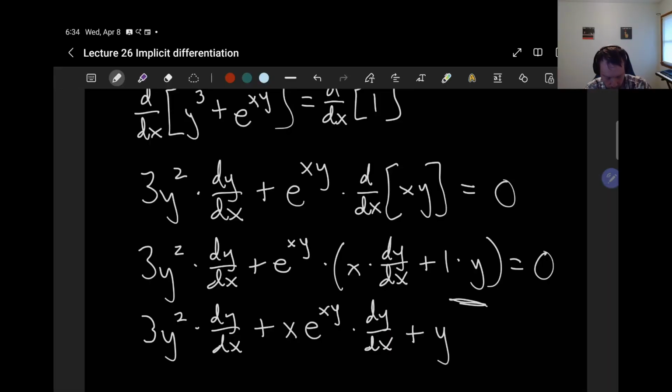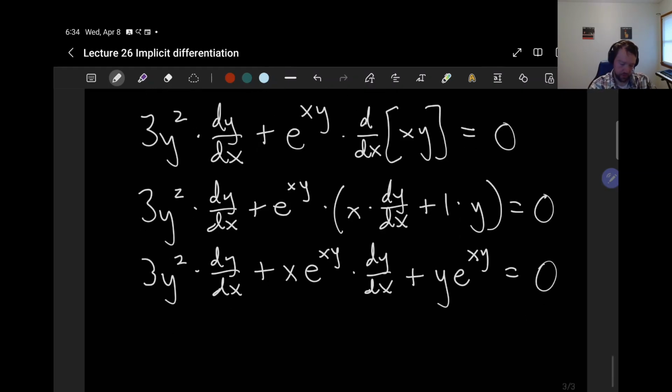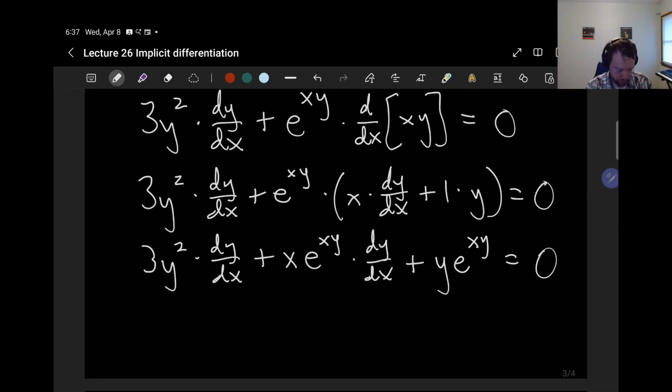And I would like to write the y first here, plus y times e to the xy. Okay, so these I can bring together by factoring out this times dy/dx. This one I would want to move over to the other side of the equation.